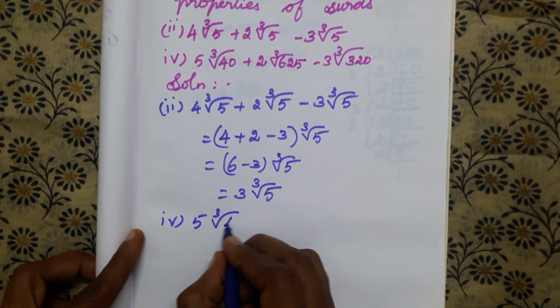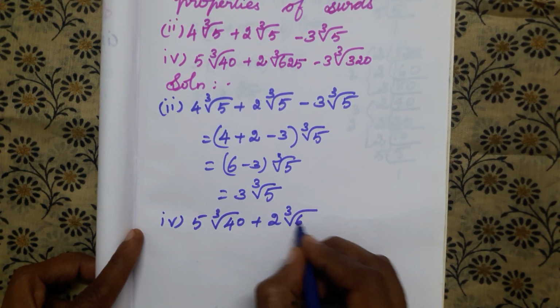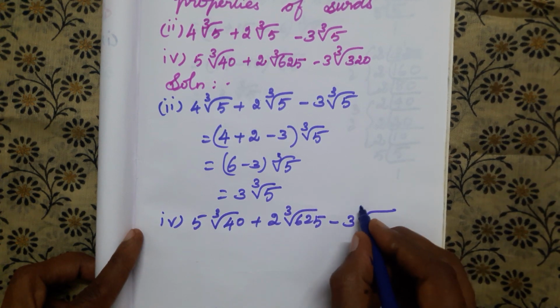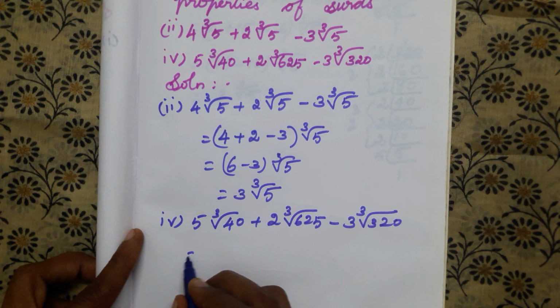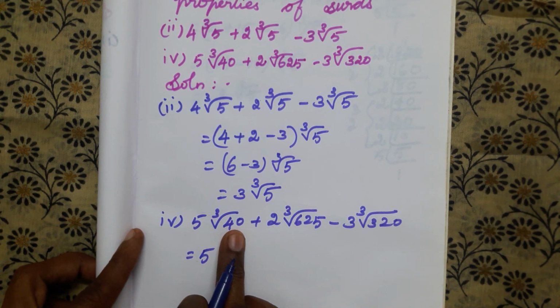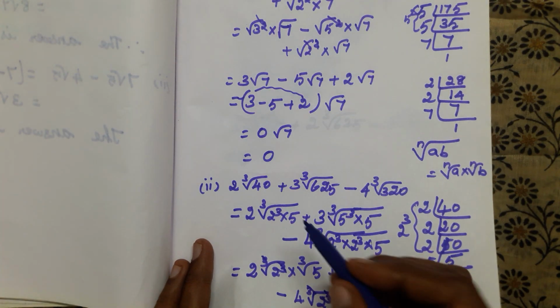5 cube root of 40 plus 2 cube root of 625 minus 3 cube root of 320. In the previous problem itself, we have factorized cube root of 40.